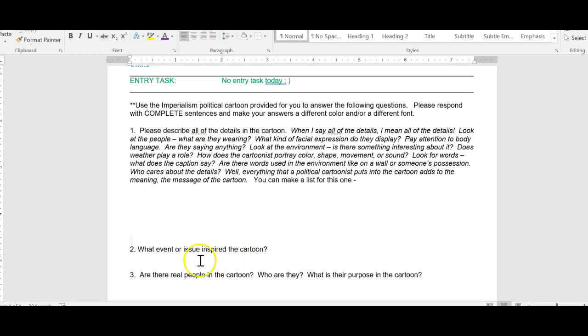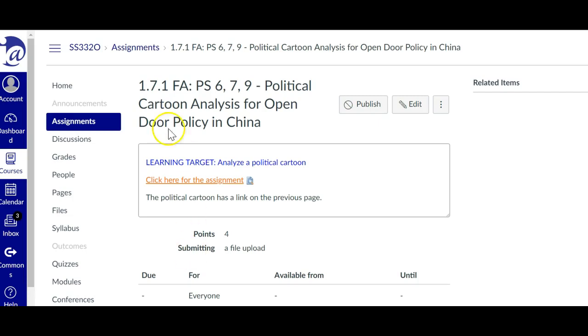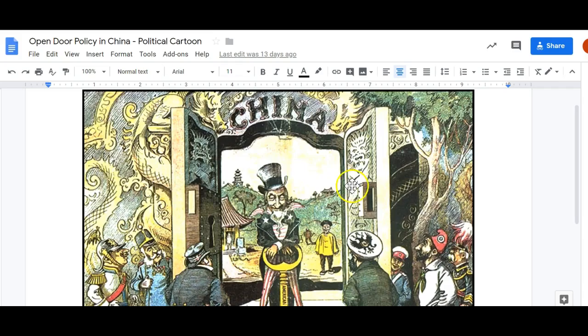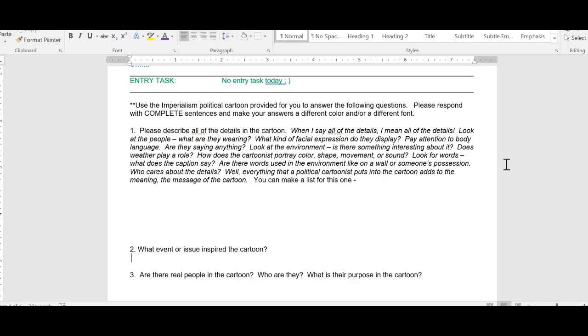Okay, guys, what issue or event inspired the cartoon? So I'm going to flip back to it. And you know that the answer to this is the open door policy in China. If you'd like to elaborate and talk about imperialism, I encourage you to do that too.